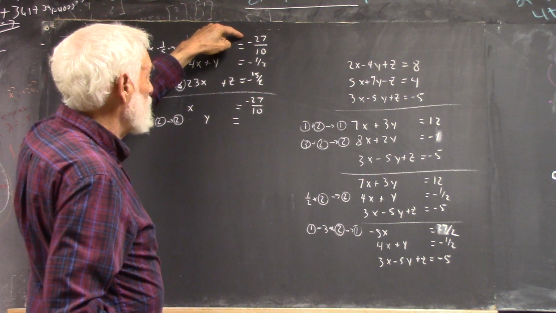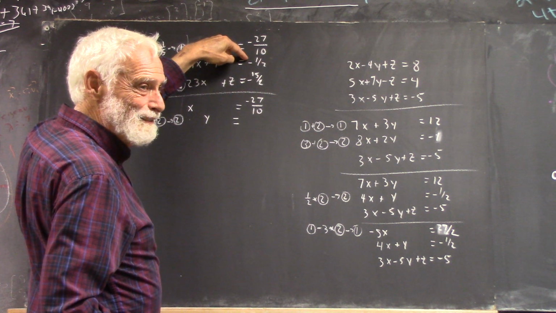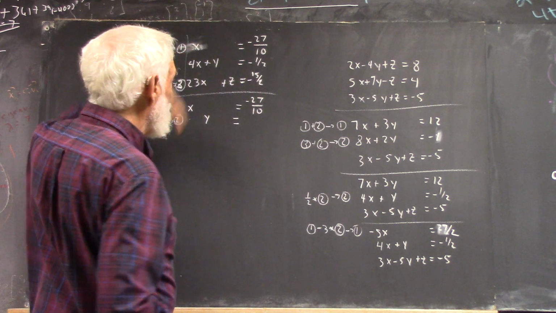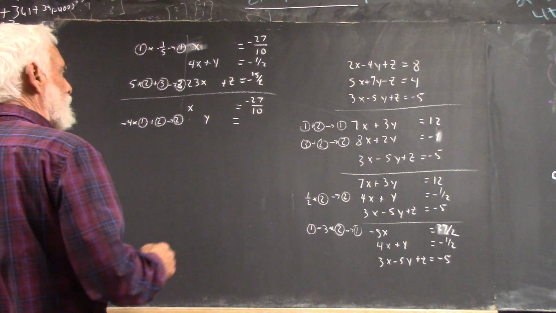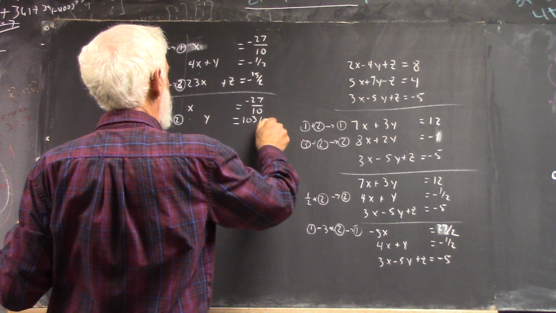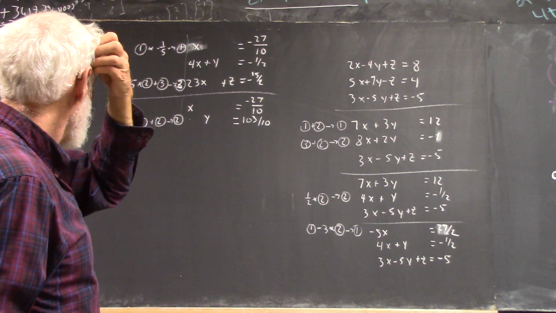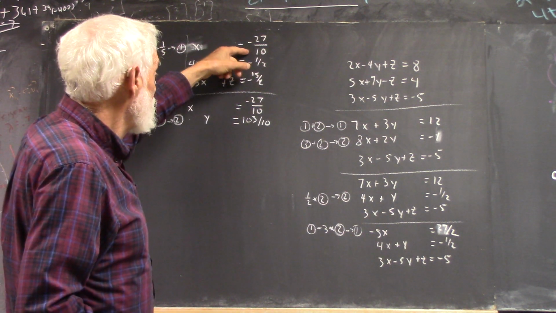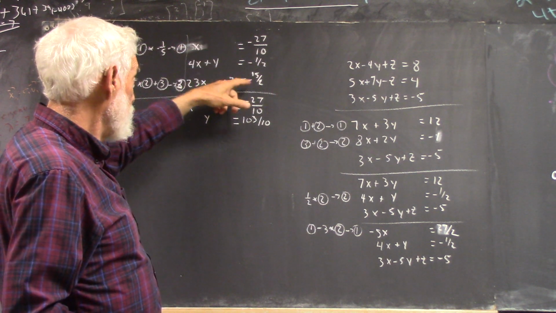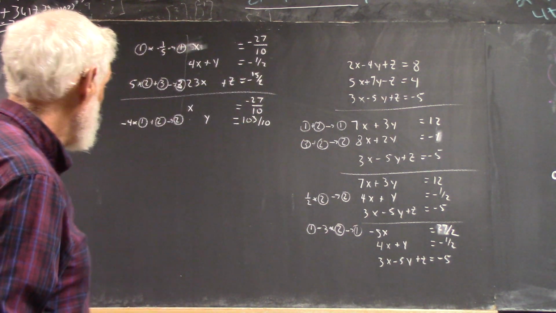Okay? I'm going to keep it -108/10 because I've got to add it to -1/2, which is -5/10. And I think I have 103/10. Okay? Make sure that makes sense. -4 times this is -108/10. That's -5/10. That gives me 103/10.